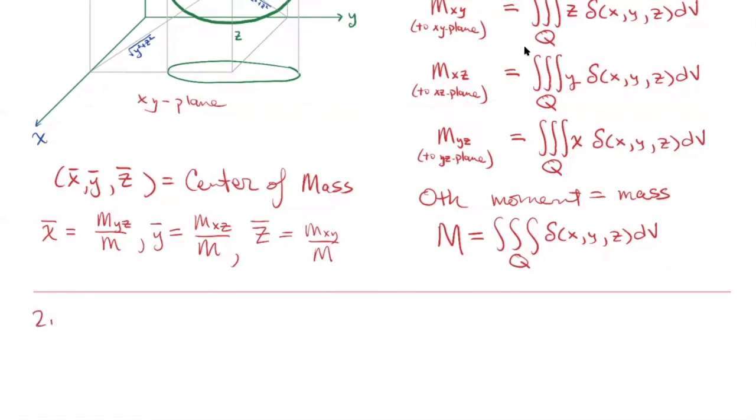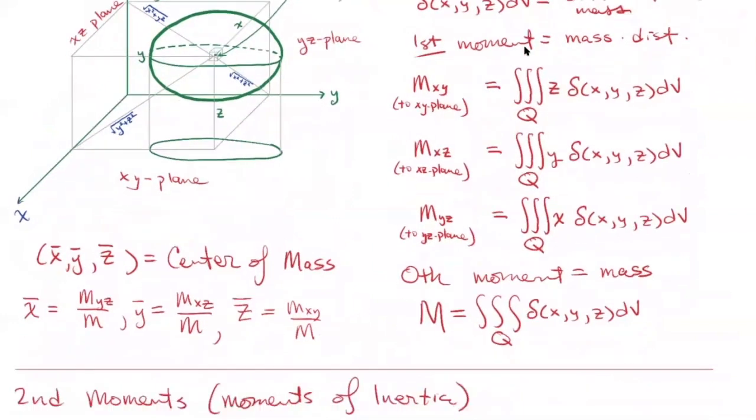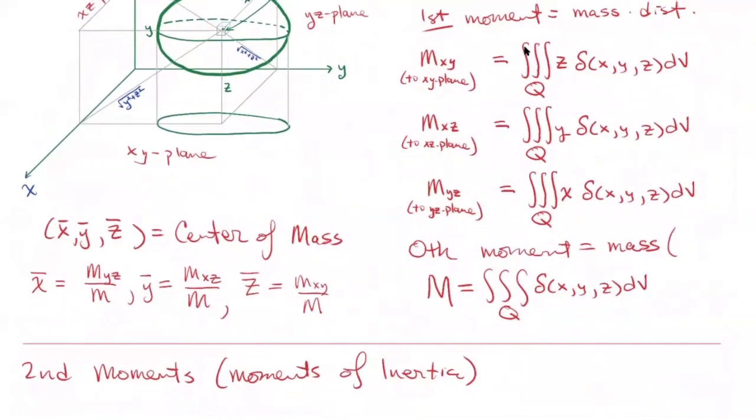So second moments, those are moments of inertia. And don't forget that mass, the 0th moment, is also just inertia. Inertia is resistance to force. So mass is resistance to a force that pushes in a linear fashion.